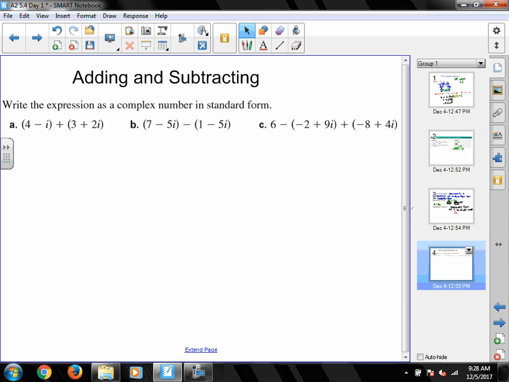So if it makes you feel better, you could swap out the i's for x's, and adding and subtracting would work the exact same. So you are just going to collect your like terms. So in A, 4 and 3, I add those together to get 7. If I take negative i plus 2i, well, that's going to give me a positive i, and that's what I get.